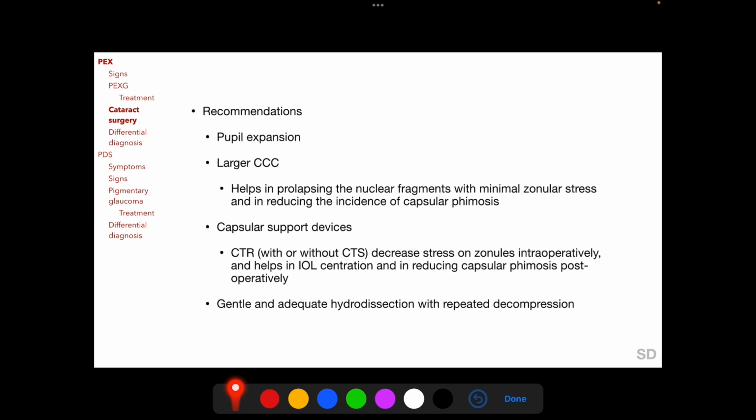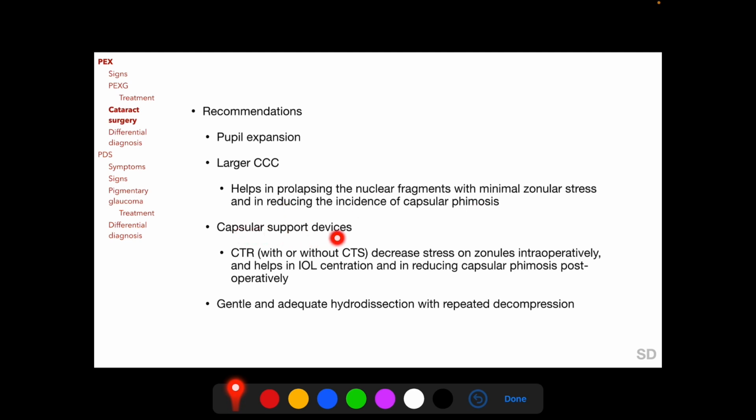Recommendations for cataract surgery in pseudoexfoliation include pupil expansion and a larger capsular axis, which helps in prolapsing the nuclear fragments with minimal zonular stress and also helps in reducing the incidence of capsular phimosis.